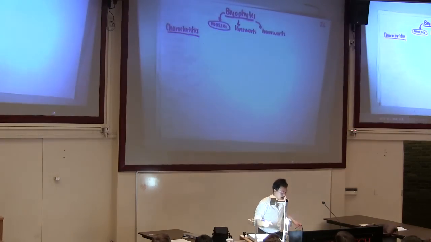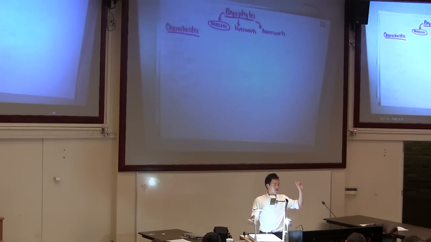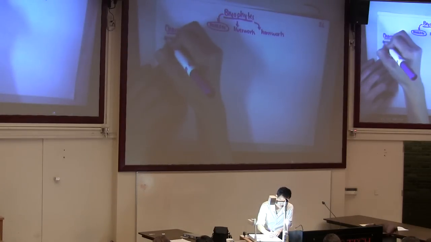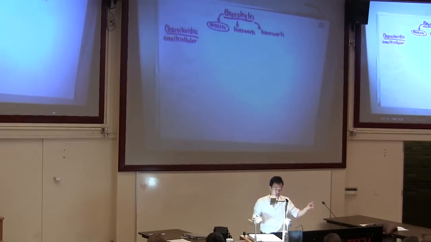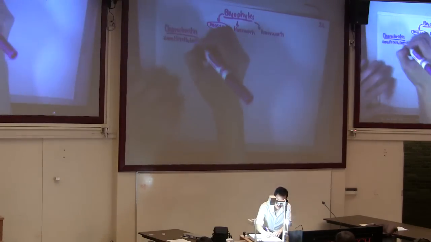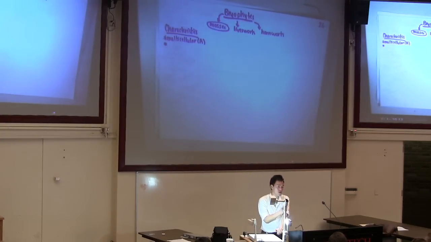Okay, so what are some characteristics of bryophytes? Are they single-celled or multicellular? Multicellular. So compared to Chlamydamonas, is that an advanced feature or is it primitive? Advanced. What else? Are they haploid dominant or diploid dominant?